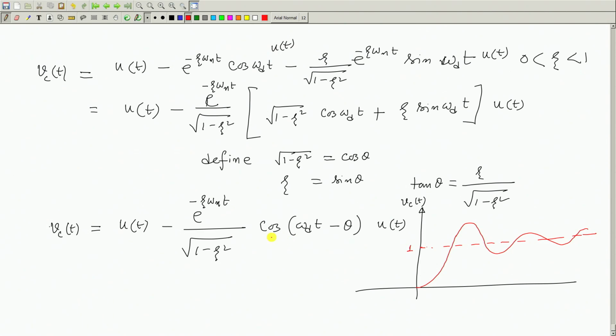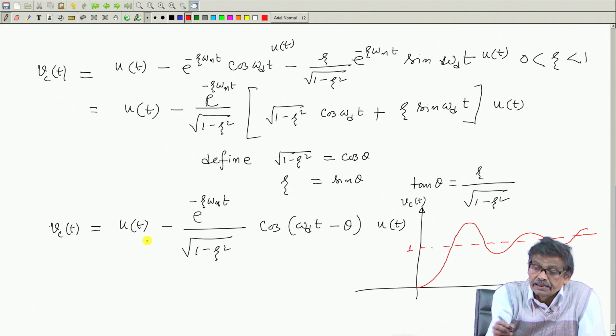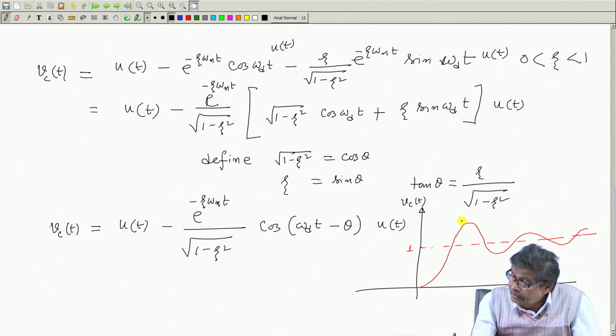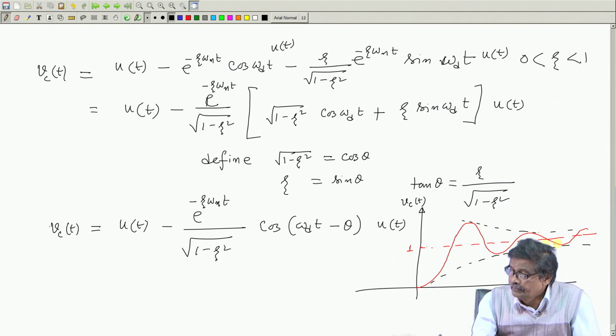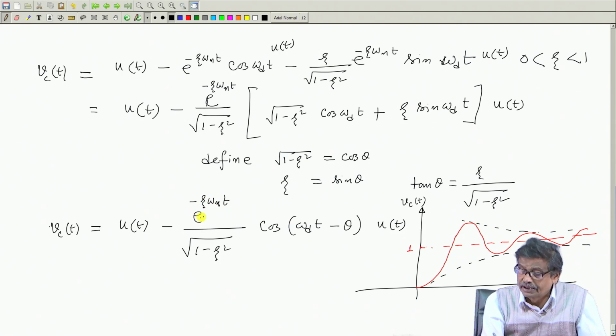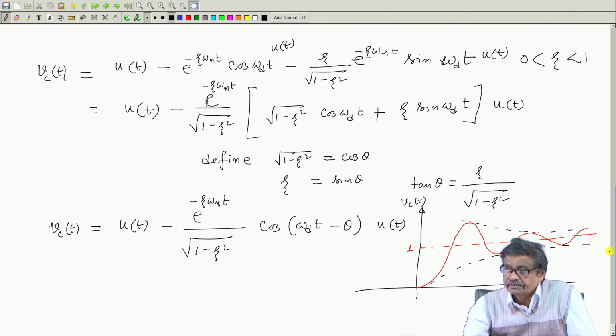Because the peak value of this cosine curve will gradually decay because of the e to the power minus zeta omega n t term. Mind you, zeta omega n is a positive number, so it is exponentially decaying. So, the peak values will be modulated by this term. This dotted line I am drawing is just showing the effect of e to the power minus zeta omega n t that is coming into being.